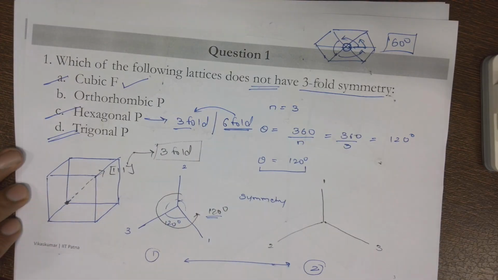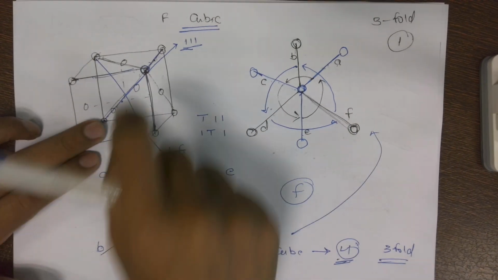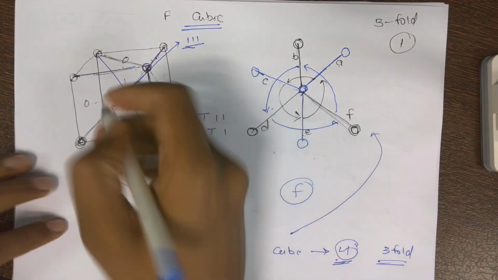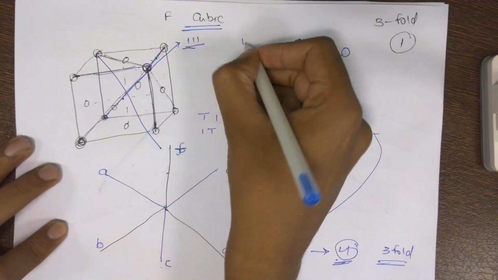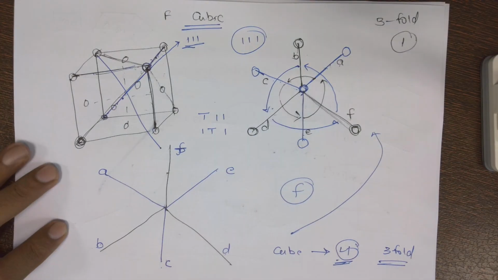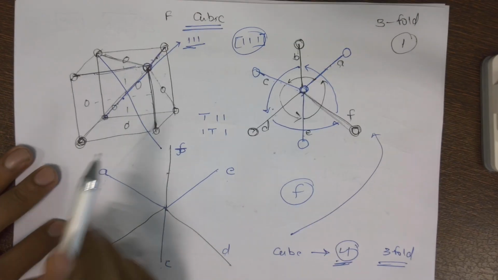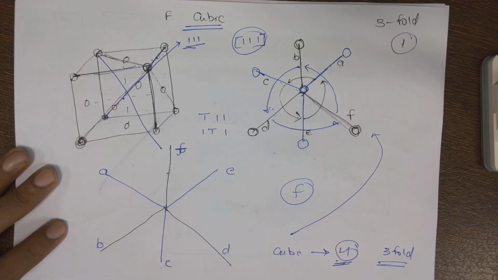Trigonal, what is trigonal? Take a cube and stretch it along one of the body diagonals. Let's say our body diagonal about which we are stretching is 111, this particular direction. So along that particular direction we will definitely have a threefold remaining.